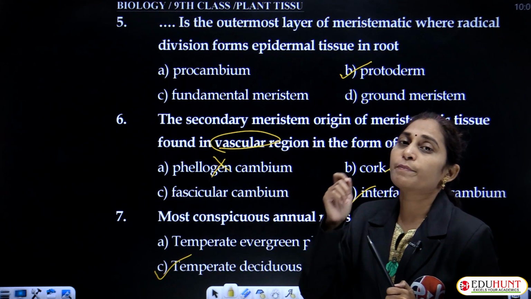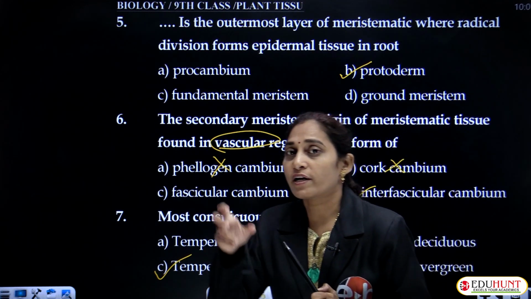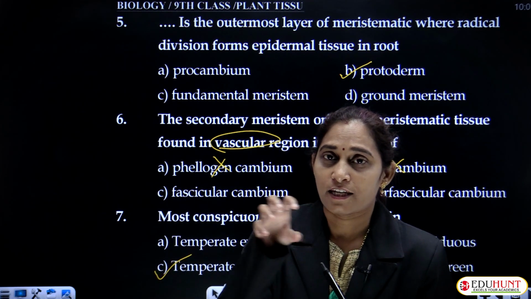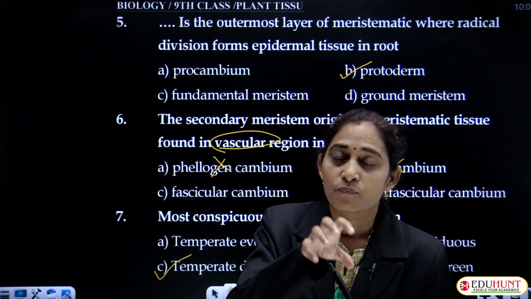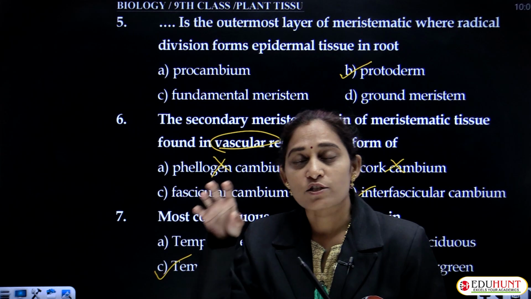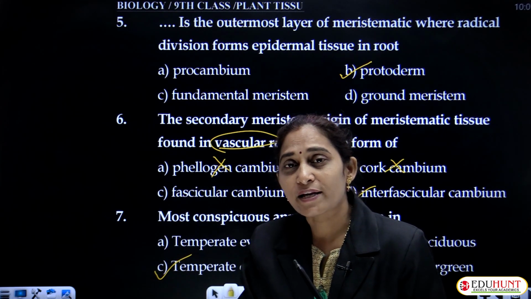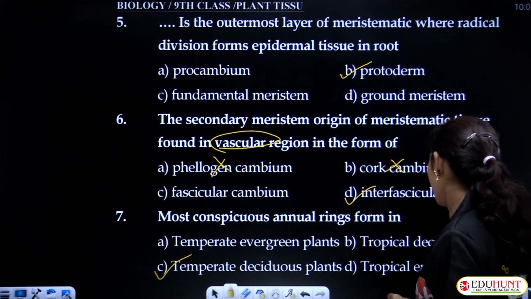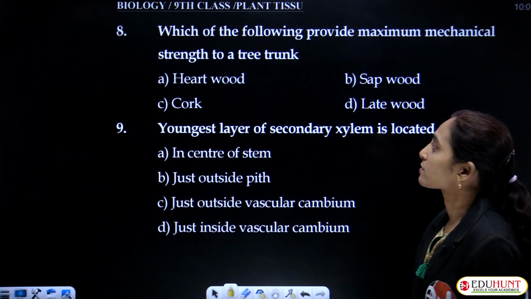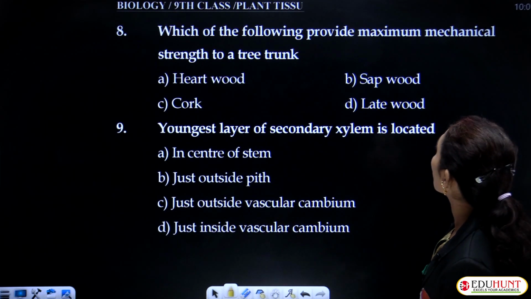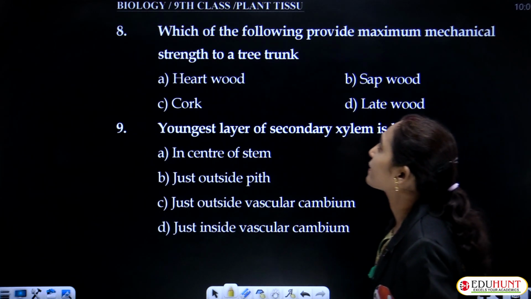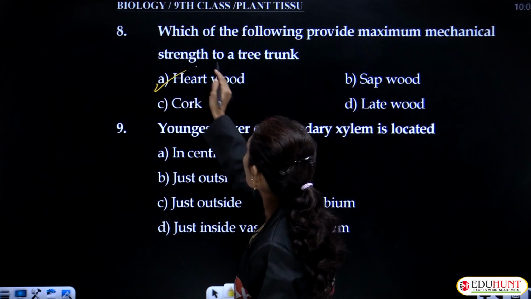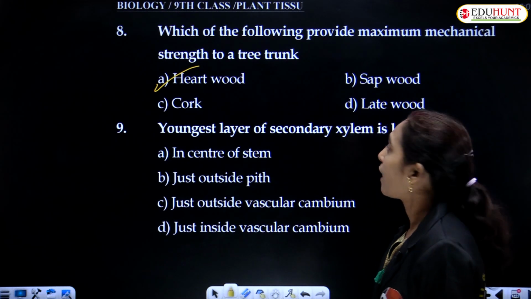That is why they produce two different woods in two different seasons, and both the autumn wood as well as the spring wood comprise a single annual ring. This is seen in temperate deciduous plants. Which of the following provides maximum mechanical strength to a tree trunk? It is produced by the heartwood.